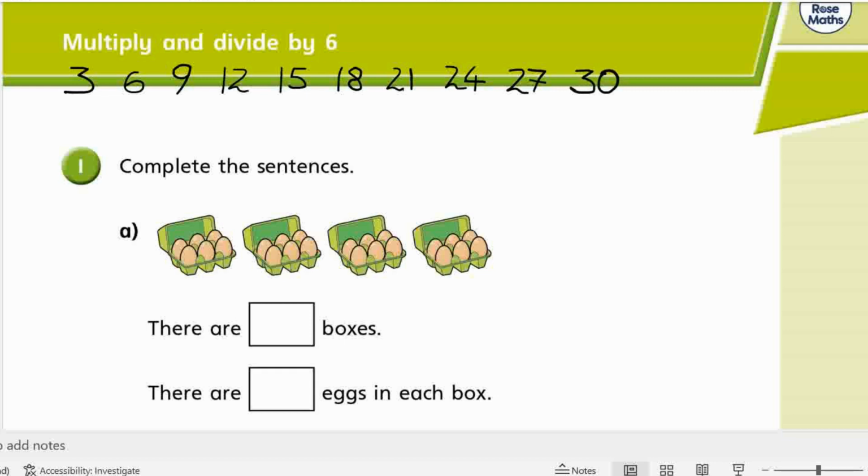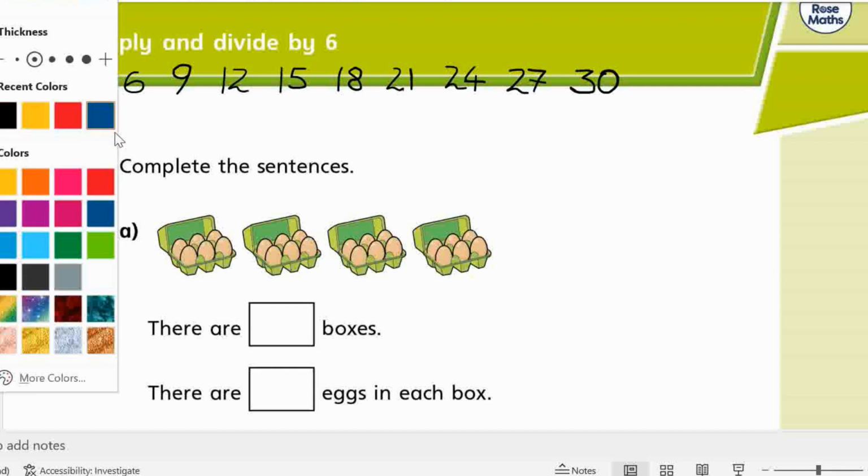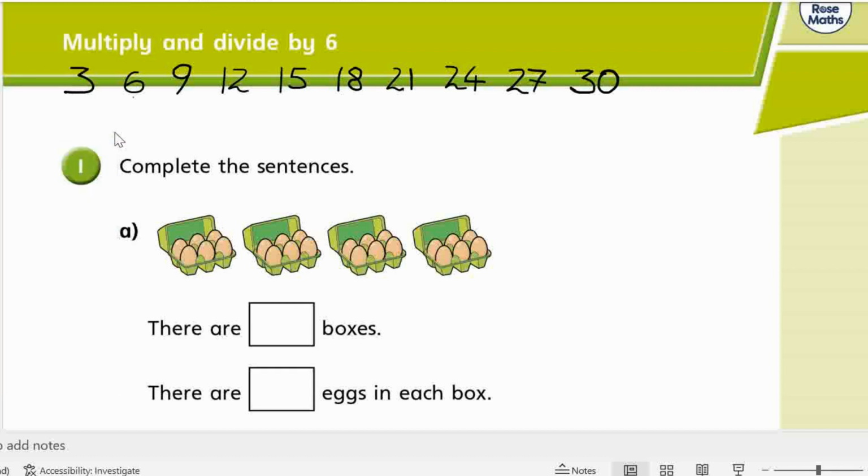Okay, so now we're going to look at the 6 times table. So what is 1 times 6? What is 2 times 6?